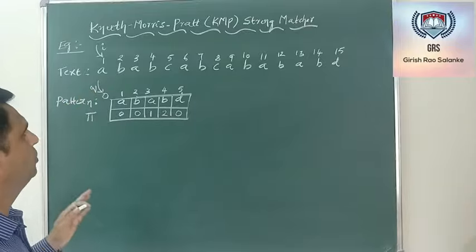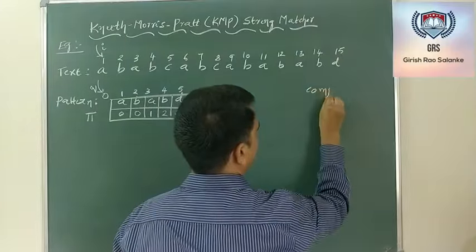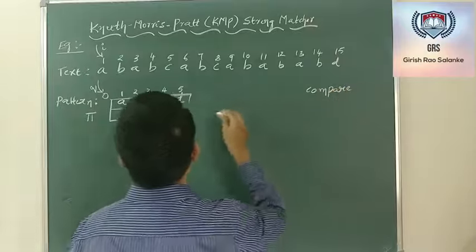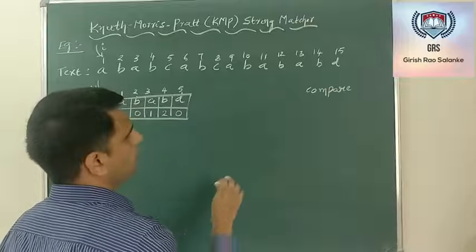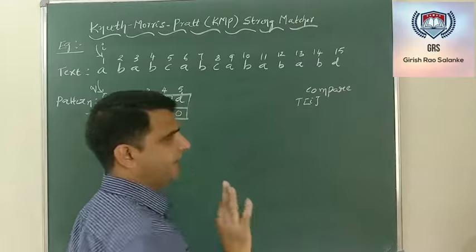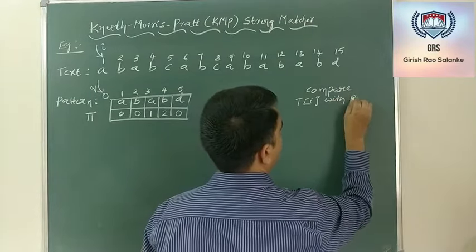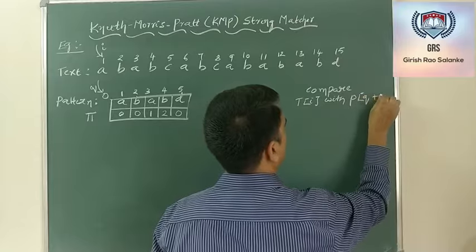Now what we are supposed to do is compare. Just write the basic step of the KMP string matching algorithm, wherein I need to compare T of I, where T is nothing but my text, with P of Q plus 1.